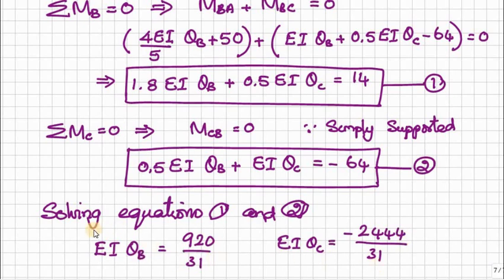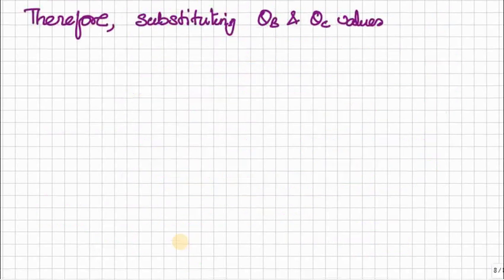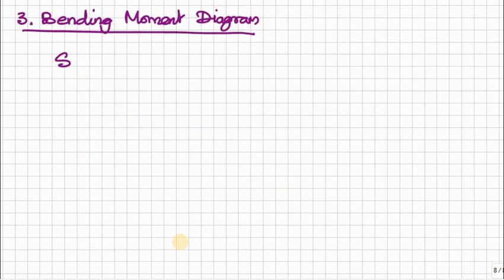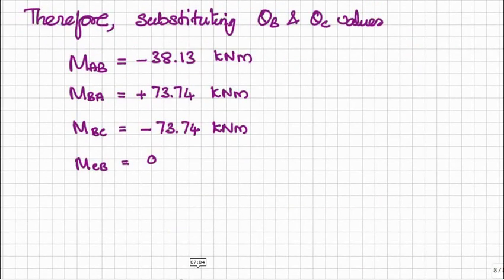These two values we have to substitute back in the moment expressions to get the moment values. So substituting these values, we get MAB is equal to minus 38.13 kN, MBA is equal to plus 73.74 kN, MBC is equal to minus 73.74 kN, MCB of course we get 0.